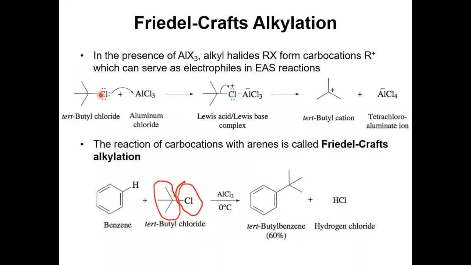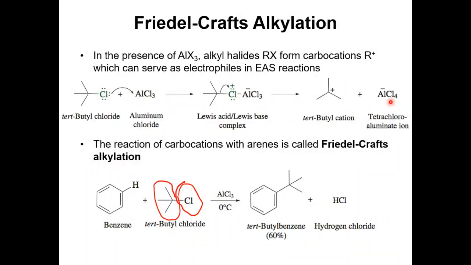One of the chlorine's pairs is donated to the aluminum in the aluminum chloride, forming this complex. And this complex then undergoes an ionization process.